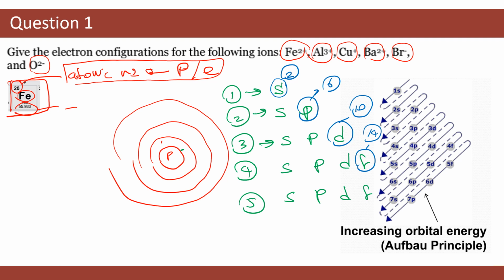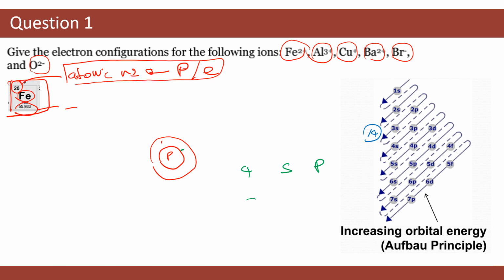When we consider these shells and subshells, some subshells are overlapping. As you see here, I have written S, then SP for the second shell, SPD for the third shell, SPDF for the fourth shell.